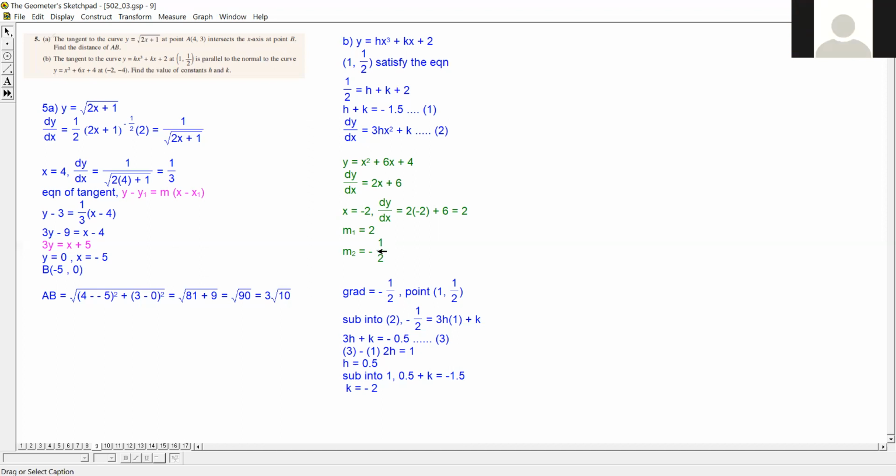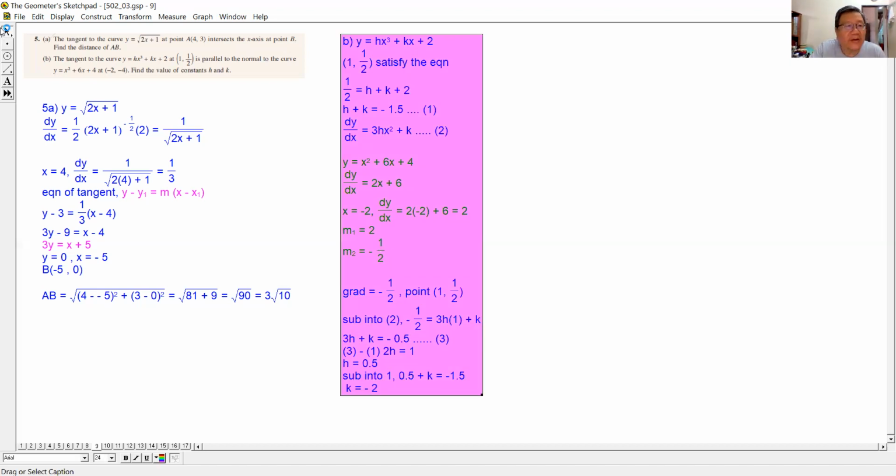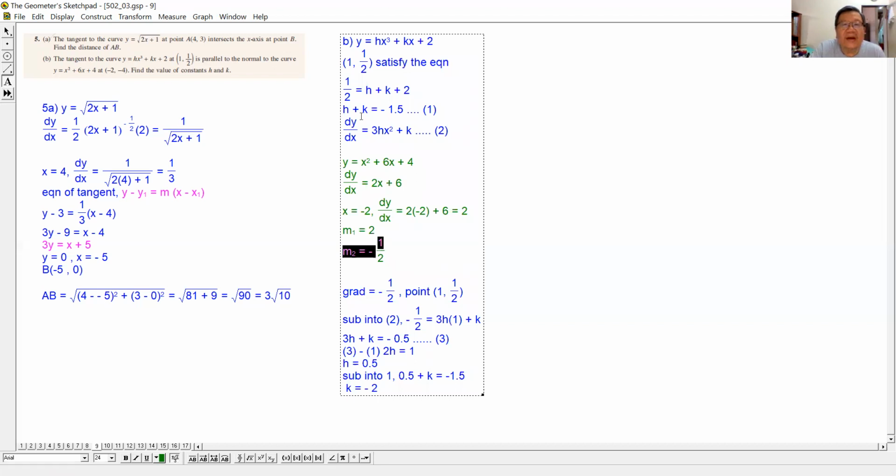This normal to the second curve is parallel to the tangent to the first curve. That's why I can take the gradient here and put it inside here, because they tell me it is parallel.